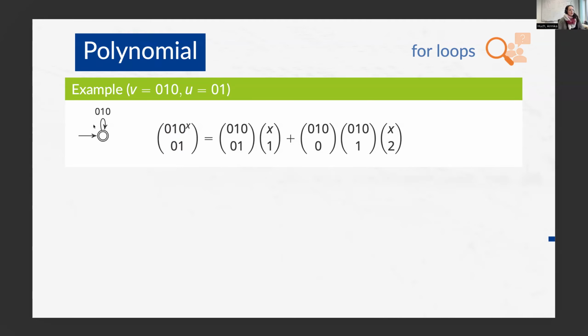Since this is a loop, we can enter the loop x times, which is just some variable, and then we can split it up. We can either find the query, I will mark it here, 0, 1 with one pass through the loop, or we can find a 0 in the first iteration of the loop, and then a 1 in the second iteration.